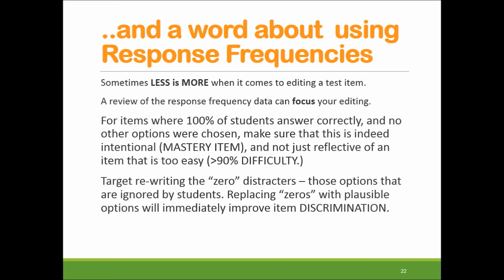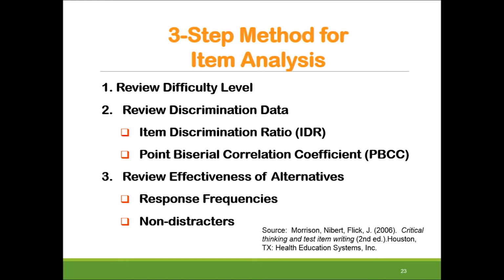That means that option is not plausible to them. In fact, it may be so obviously not applicable to the question in your stem that even the poor performing students ignore it. So that's a way to really automatically improve your discrimination for that item by zeroing in on the 0 distractors. Get those handled.